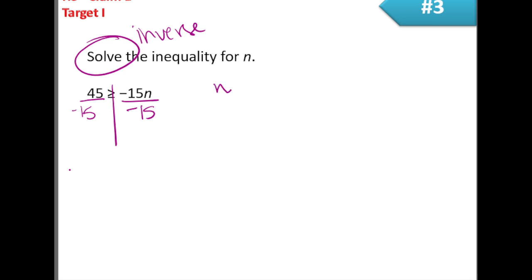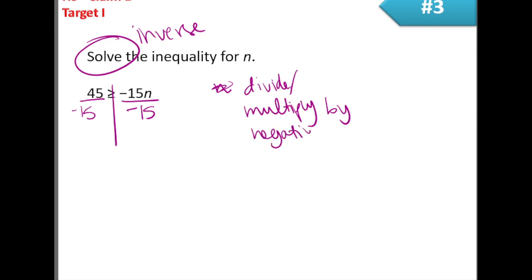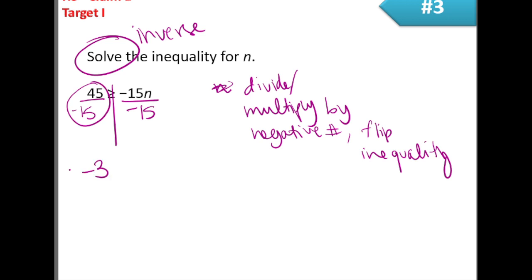Remember, if I divide or multiply by a negative number, you flip the inequality. Okay, so 45 divided by negative 15, which is negative 3. I flip my sign into less than or equal to n.